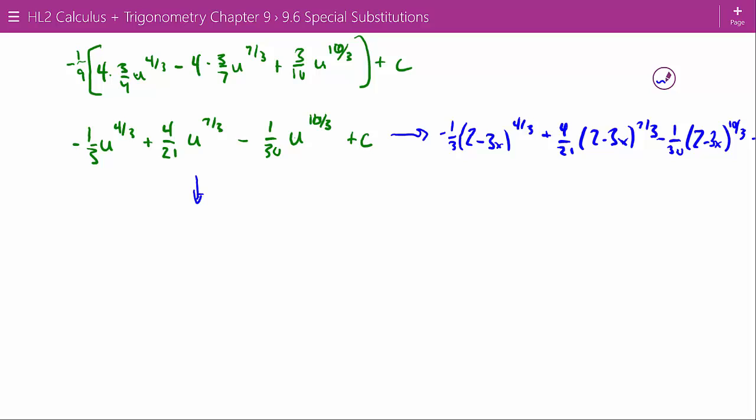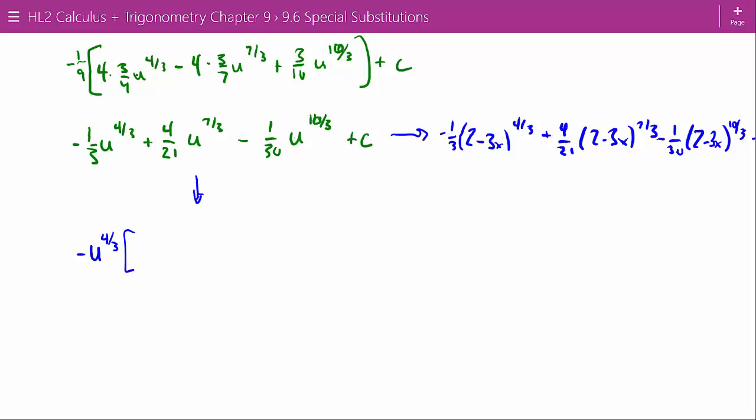So before I make my substitution, I look at these 3 terms that have u's, and I notice that all of these terms have u to the 4/3. So I'm going to take u to the 4/3 and factor that out. And I'm going to take a negative along with it. And what I end up with at this point is 3 fractions being added together that have nice exponents.